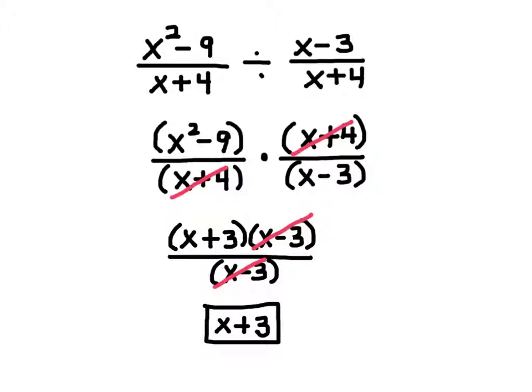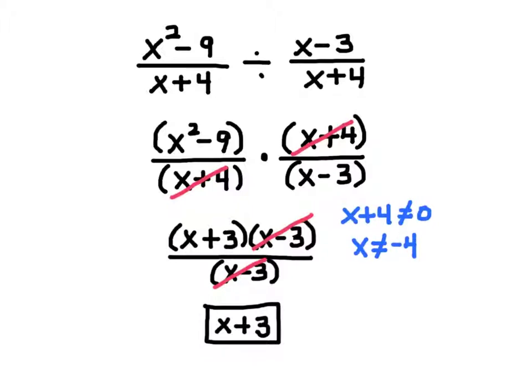Now, once we have this as all multiplication, we can look for possible divide by zero errors. They occur first whenever x plus 4 is equal to 0. So x plus 4 cannot equal 0, or we can say x is not equal to -4.